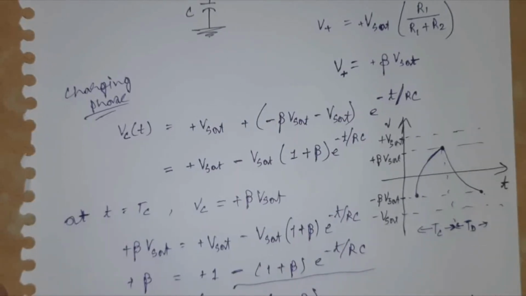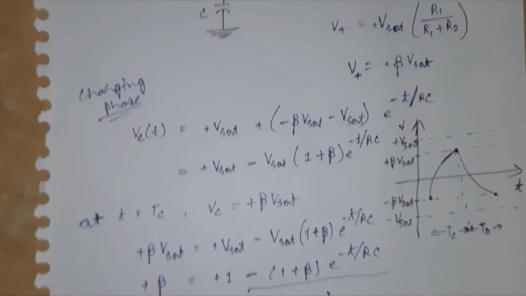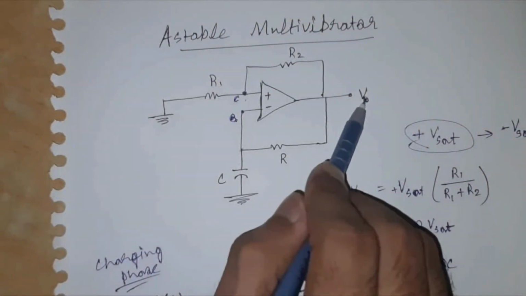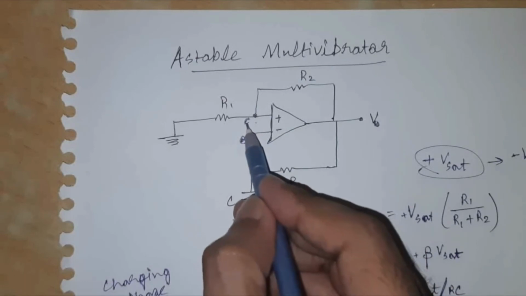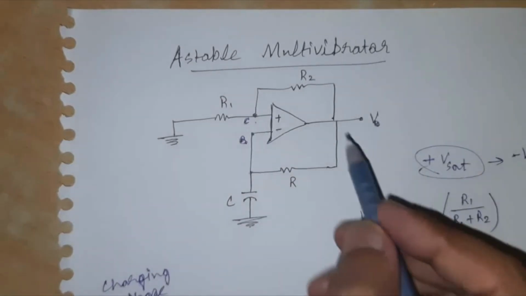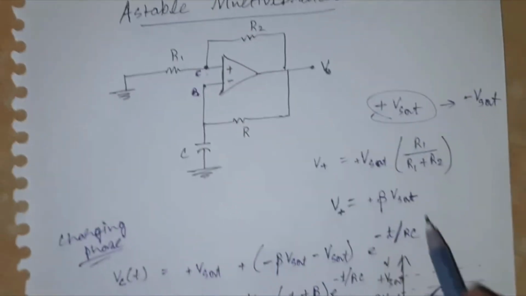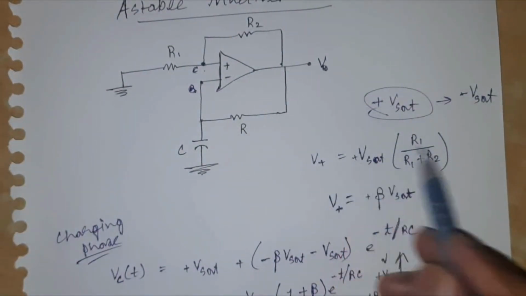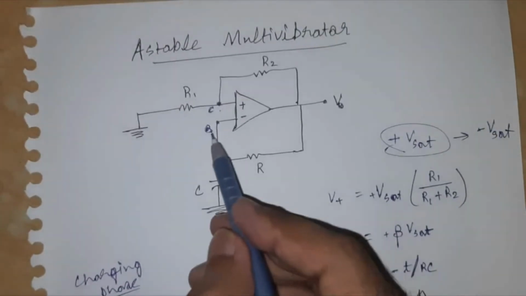But this won't happen, because right now V output is at minus Vsat. So by the voltage divider rule, the Vc value will come out to be minus beta Vsat from this. So it will be minus Vsat, hence minus beta Vsat.